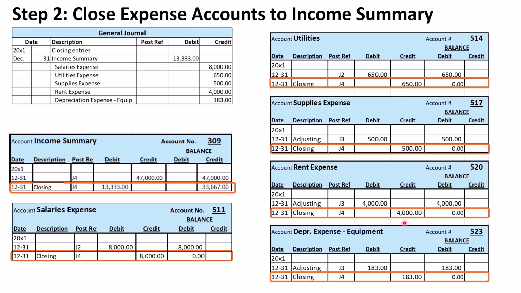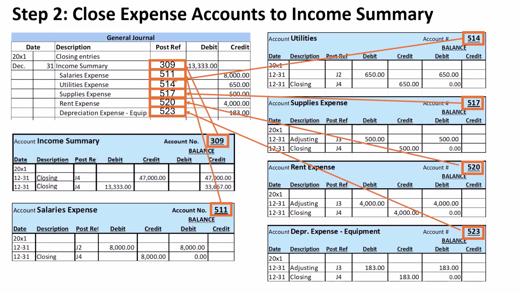We now need to calculate the new balance in this account, which is 0. The last account is depreciation expense. We'll write the date, the word closing, the post ref J4, $183 into the credit column, and the new balance is 0.